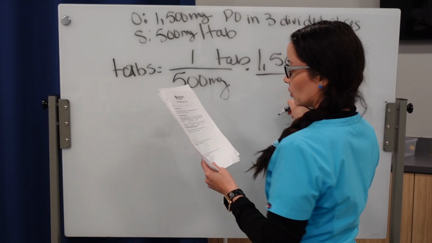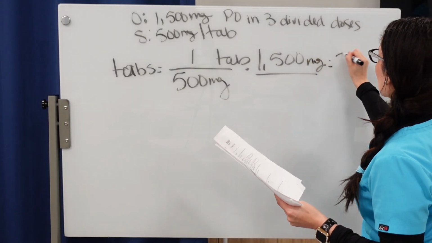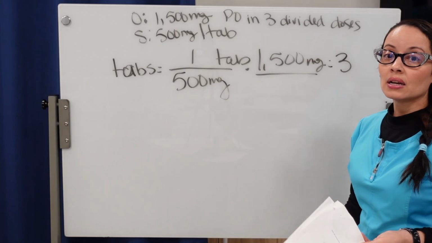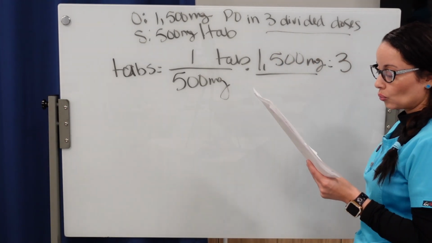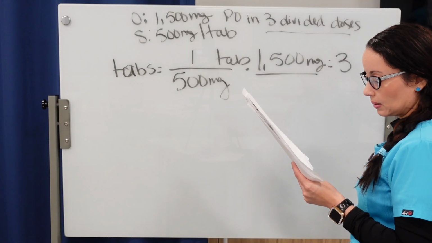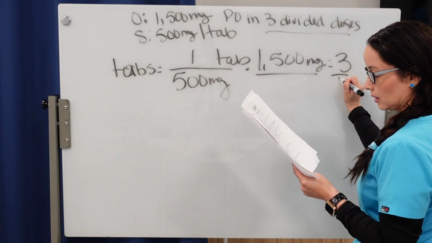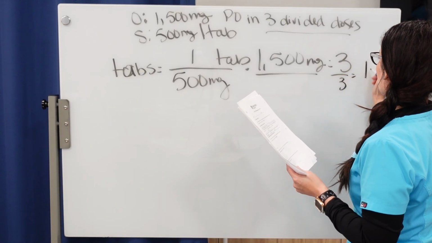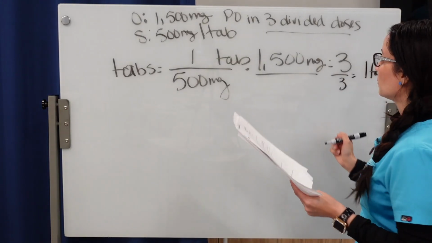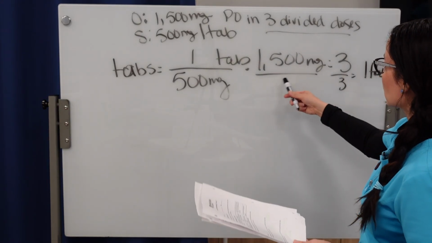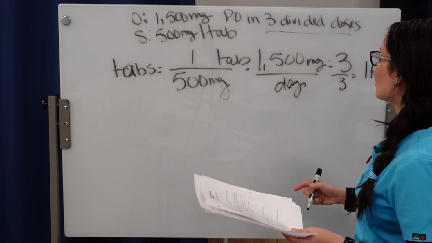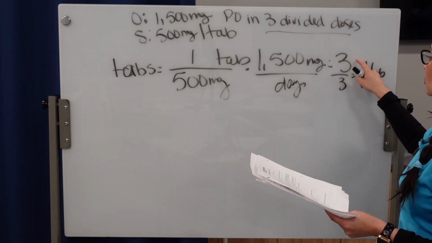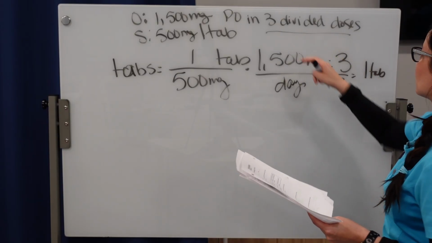When you divide this, you get 3, but we're not done because the problem says in 3 divided doses. So when you divide this by 3, the answer is 1 tab again, because 1,500 milligrams is per day. So they get 3 tabs per day, and it's in 3 divided doses.